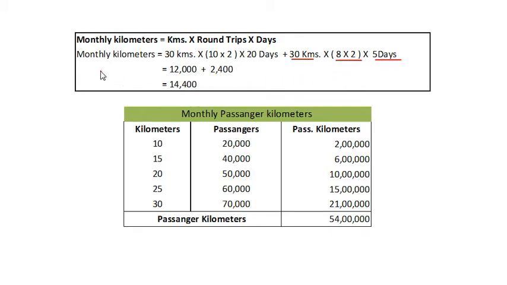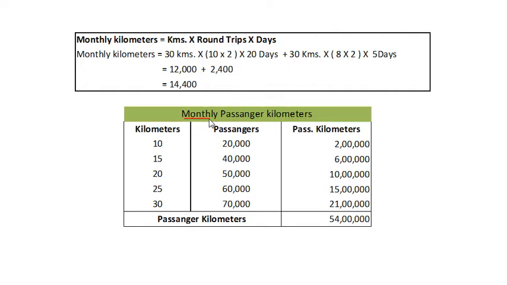I repeat again, for the remaining 5 days, 8 round trips and 30 kilometers. So we get 12,000 kilometers plus 2,400 kilometers, so 14,400 kilometers per month, that is for 25 days.